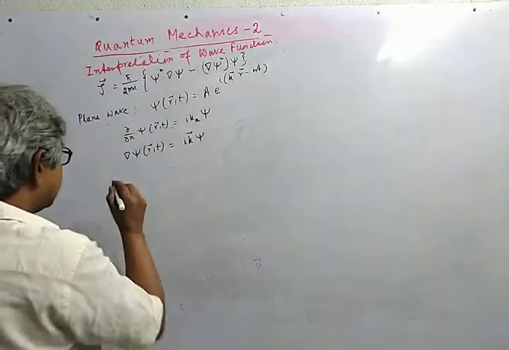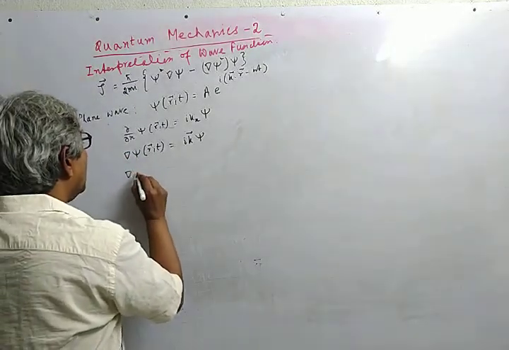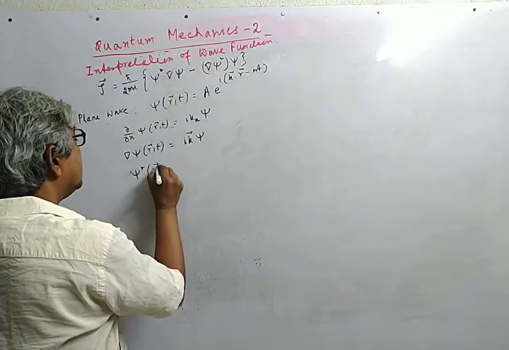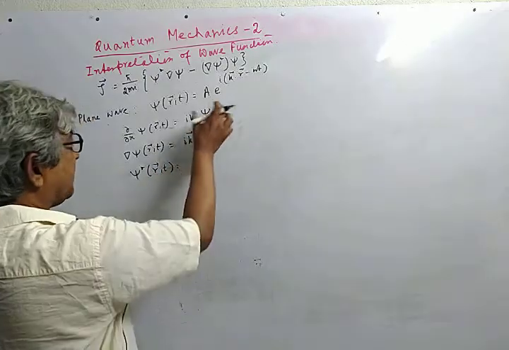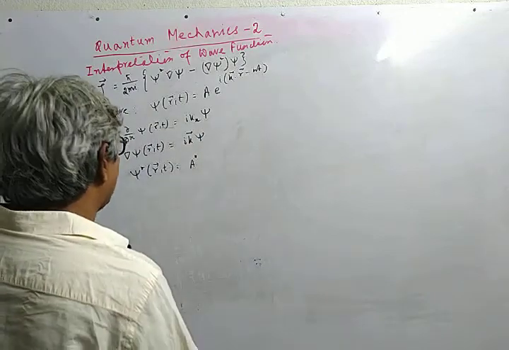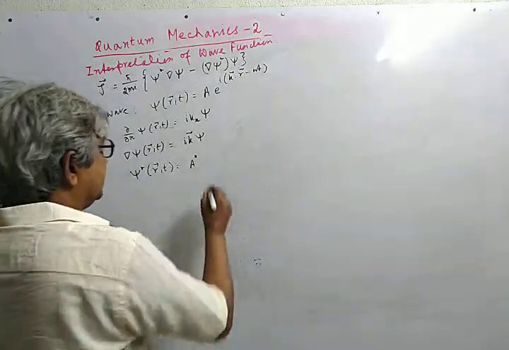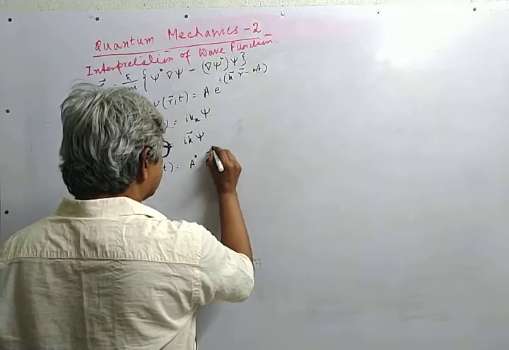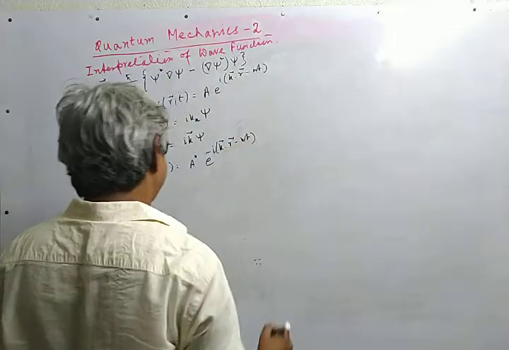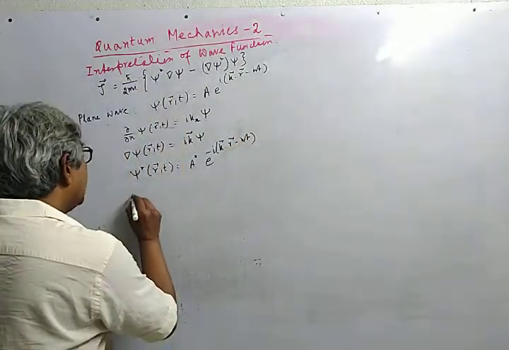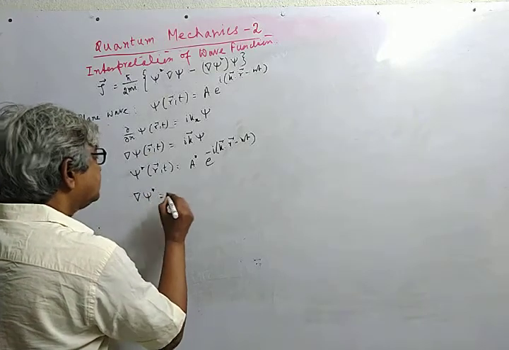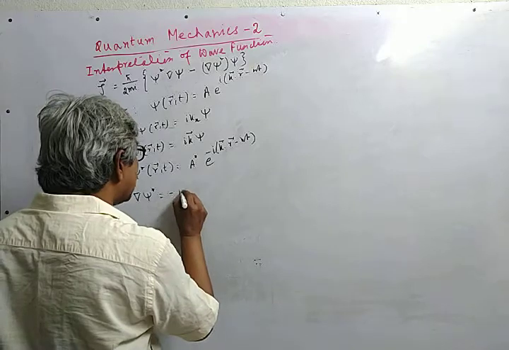Similarly, let me first note what psi star of r, t is. Psi star of r, t is obtained with A star, because A may be a complex quantity as well, and this is e to the power minus i (k dot r minus omega t). So if we operate on it, I get minus i k psi star.